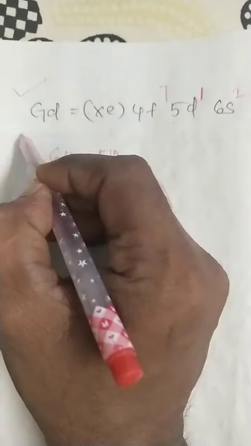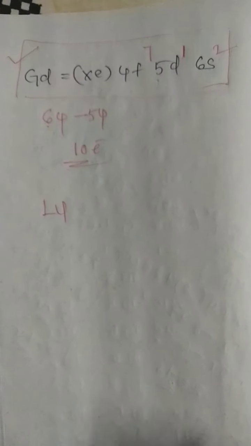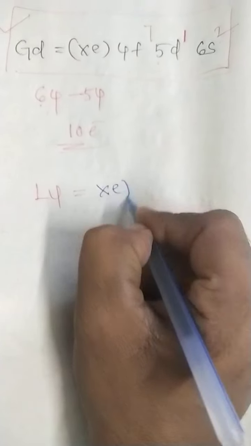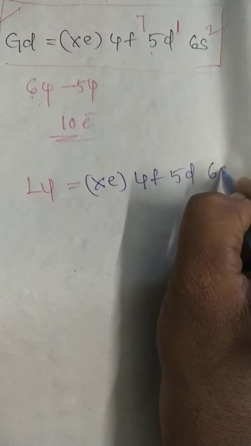So what is the electronic configuration of gadolinium? Xenon 4f7, 5d1, 6s2. Similarly, lutetium. How do you write the electronic configuration of the f-block elements, especially the lanthanide lutetium? As usual, write the general electronic configuration, xenon 4f 5d 6s.